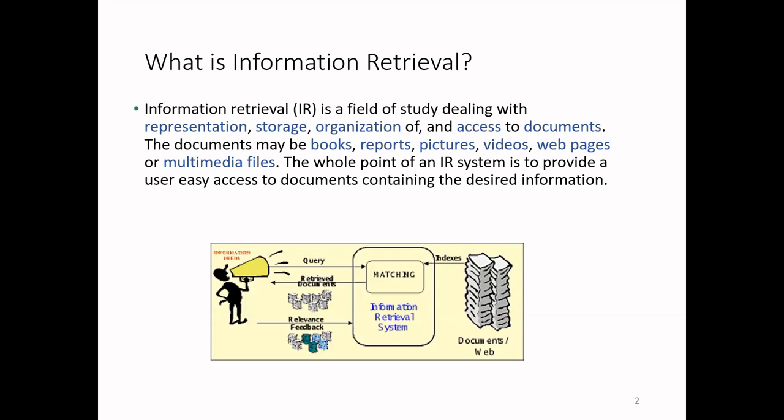In some systems, older systems, there might be an explicit way of getting that feedback whether the returned result was relevant or not. So relevancy does play a role, and the idea is that one can use that relevancy information to improve the search process, to improve the results for the user.